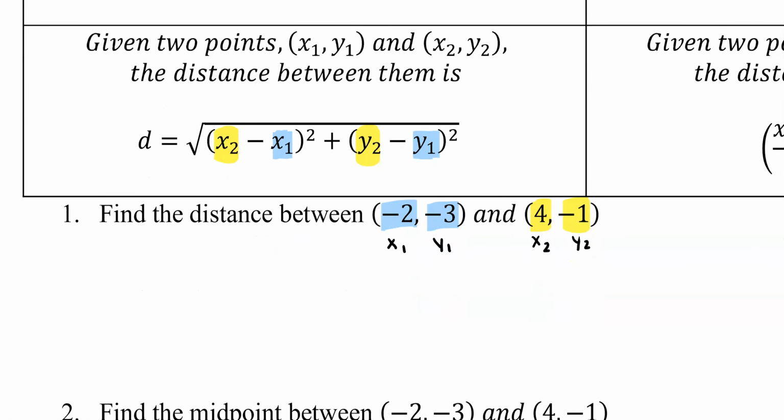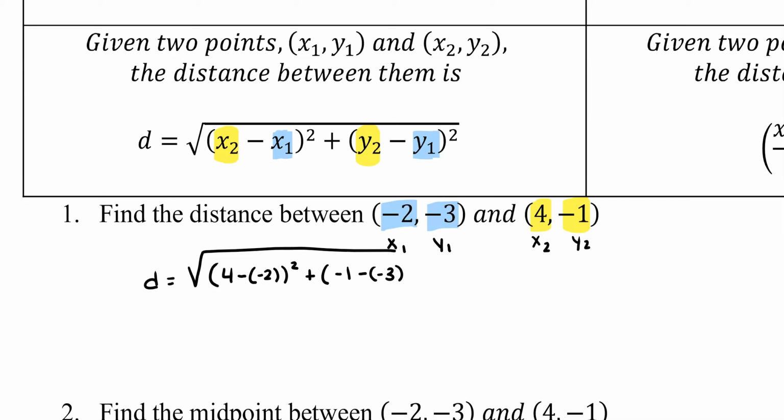So the distance between these two guys is going to be the square root of x2, so 4, minus x1, negative 2, squared, plus y2, negative 1, minus y1, which is negative 3, that whole thing squared.